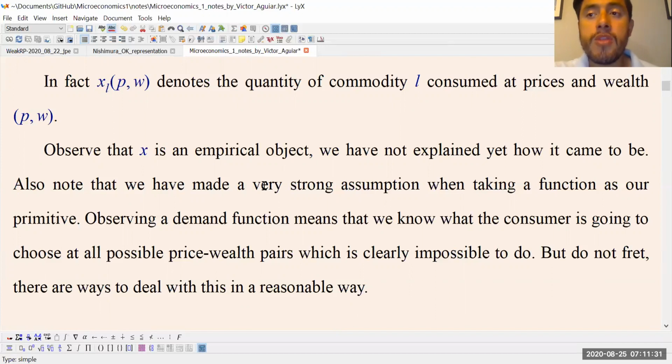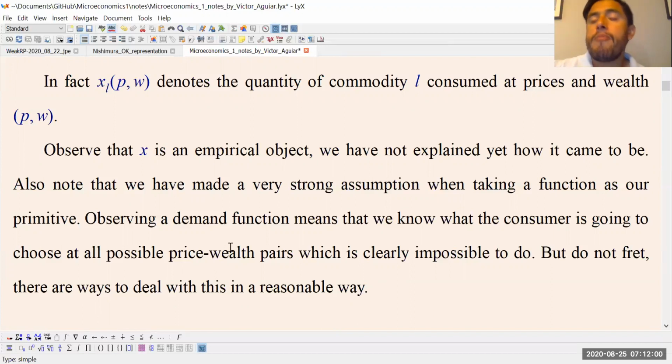Our theory is going to be developed under this very strong assumption. But as we go through the class, we're going to learn how to simplify and understand our theory when we only have finite demand data. That means only a finite number of experiments where I observe consumers choosing from a budget set a finite number of times. But right now we're going to study this ideal case where you have access to the full demand function.